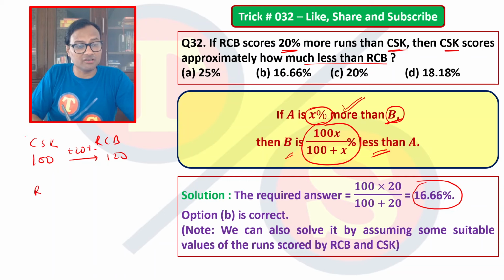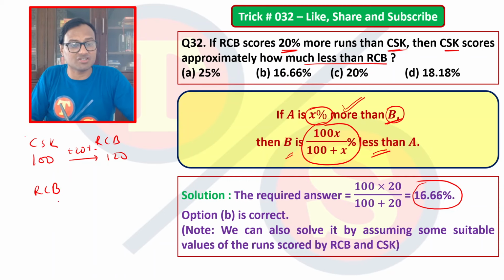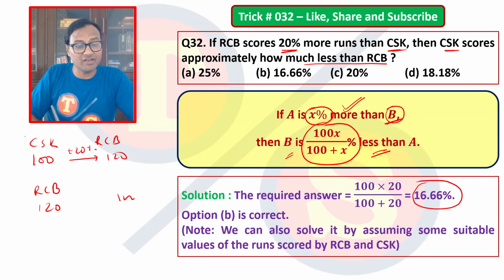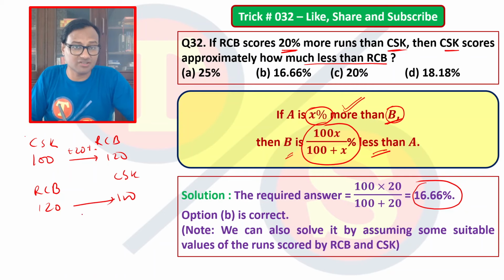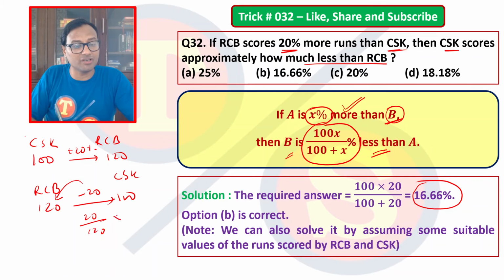So now you think that as compared to RCB, RCB becomes your initial value, right? The score of CSK is how much less in terms of percentage? So 100 is 20 less than 120. But in this case, the initial value is 120. So you will always divide 20 by 120, multiply it with 100, and you will get to know the answer, right?